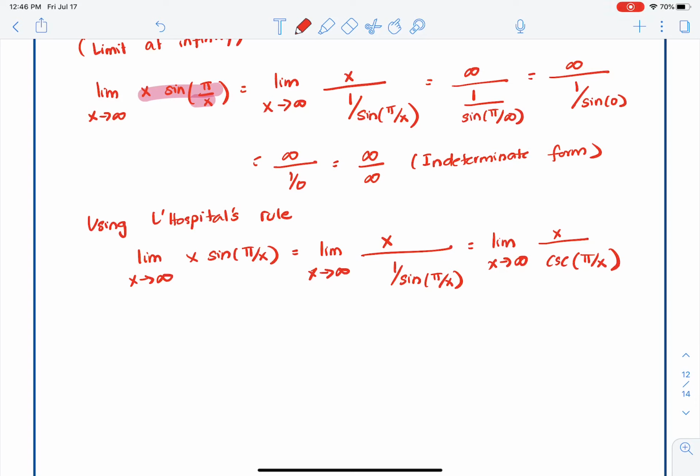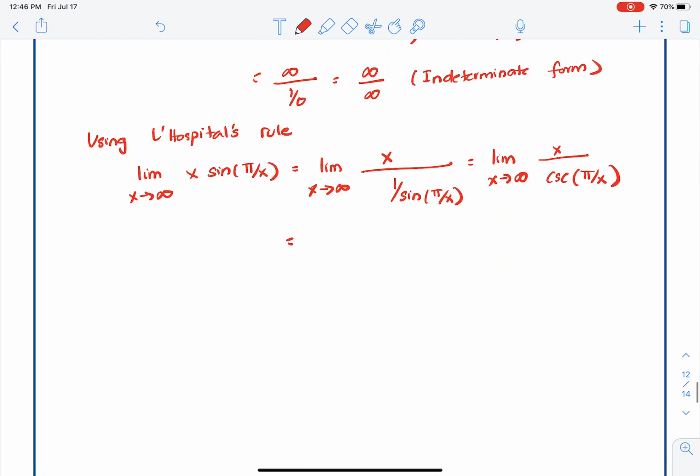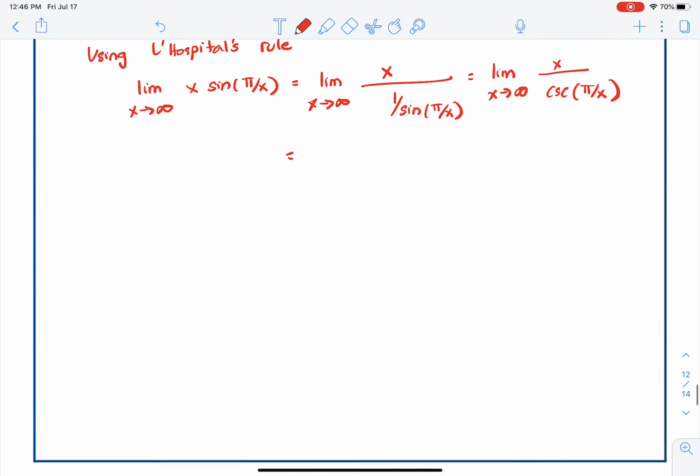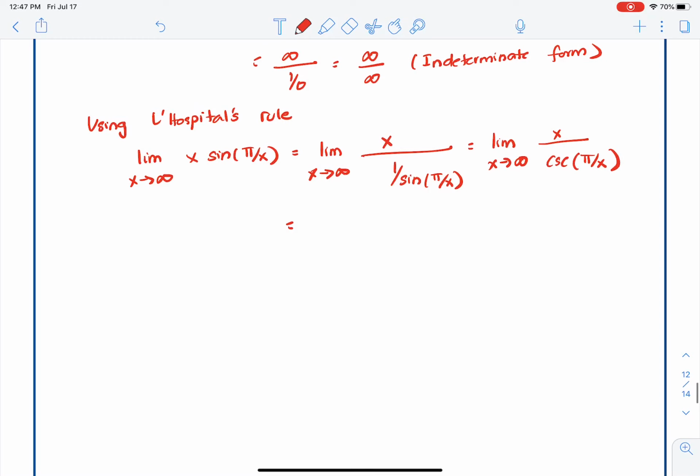Now we can take the derivative of the numerator and the derivative of the denominator. The derivative of the numerator is 1, and the derivative of cosecant pi over x is simply negative cosecant pi over x times tangent pi over x.